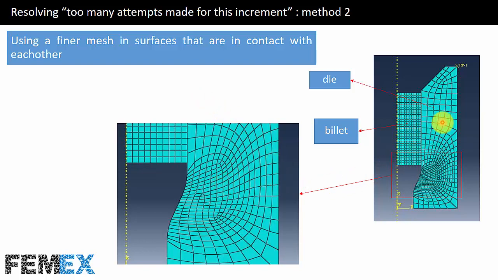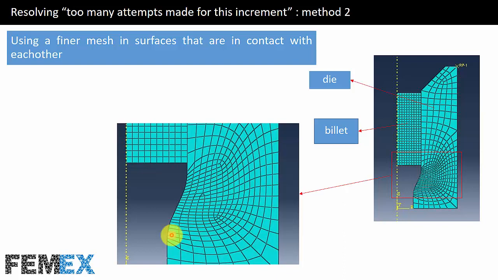For example, this is a simulation of direct extrusion, and I simulated this problem in axisymmetric space. And you can see that in this part, the variation of the surface of the die is a lot.